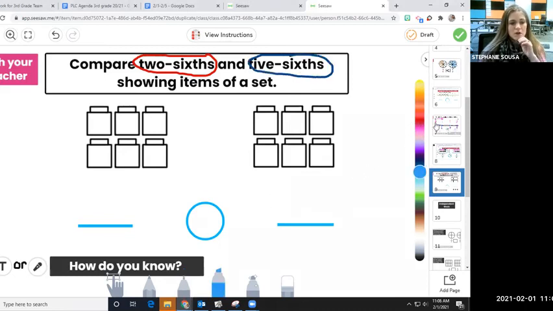So on our left side, let's go ahead and shade 2/6. So I'm going to choose 2 of my fraction pieces, my unit fractions, to shade. And again, I'm going to shade 2 that are right next to each other. It's a lot easier for my brain to decide which model has more when I don't have to move them around in my head because there's blank spaces. So this is 2/6.